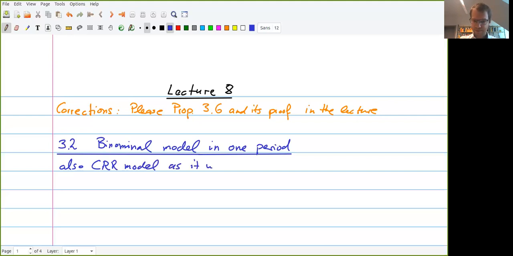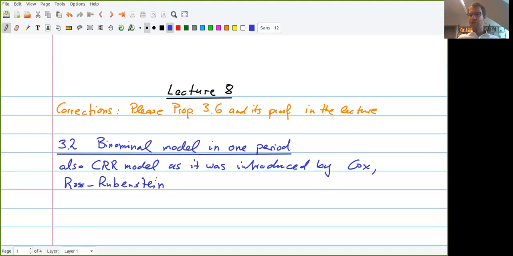Their motivation to study this model was actually to approximate the continuous time mathematical framework with a numerically tractable discrete time version.